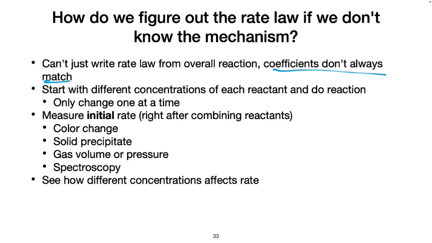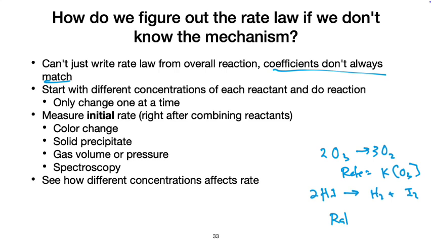So if we're looking at ozone to O2, what was the rate law? K times O3. But if we looked at the HI one, what happened? What were the products? H2 and I2? Yeah. The 2 did come out. The 1 did not. Right? And this becomes one of those very misleading things.